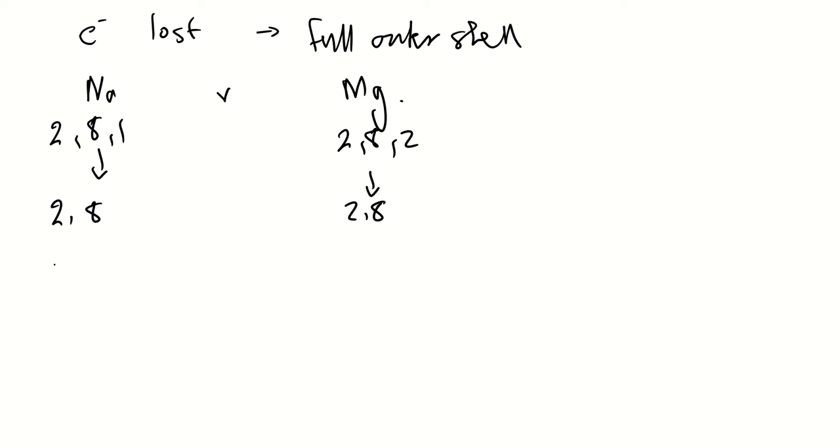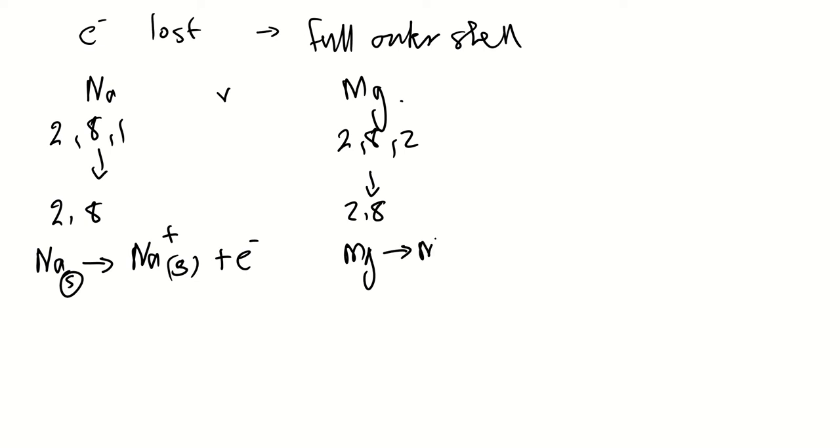Now, if we wrote this as ionic half equations or redox half equations, which you will be asked to do, we would represent this as sodium, starting off as solid sodium atoms, goes to a sodium ion and an electron, which is now seen to be free from the sodium, so it's separated by a plus sign. Likewise, over here, our magnesium, we know that group 2 loses 2 electrons and becomes a 2+ ion. State symbols aren't really important here, to be honest with you.